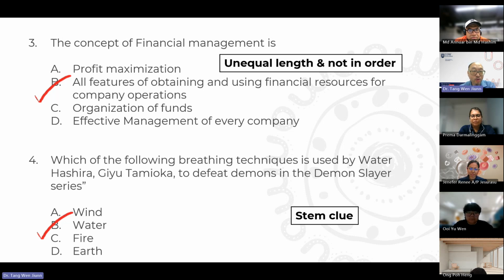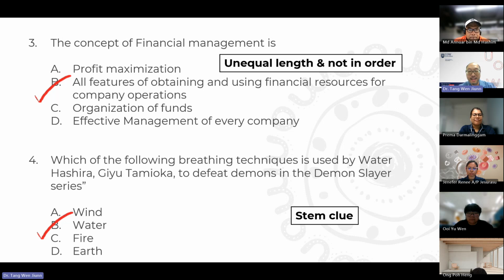It seems that all of you watch the cartoon, or it is the hints given. We call it a stem clue. If you read the question here, you have water, and then it says which breathing technique is used by water. So definitely it's water. Sometimes, if the question is badly designed, you can find the clues in the question itself.